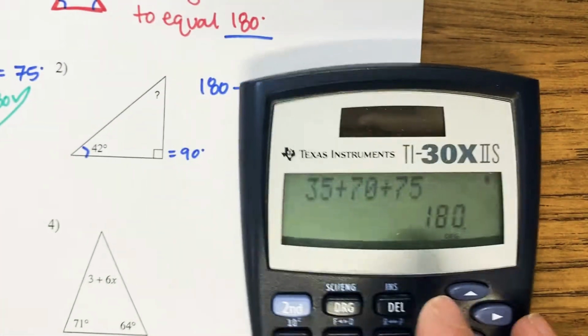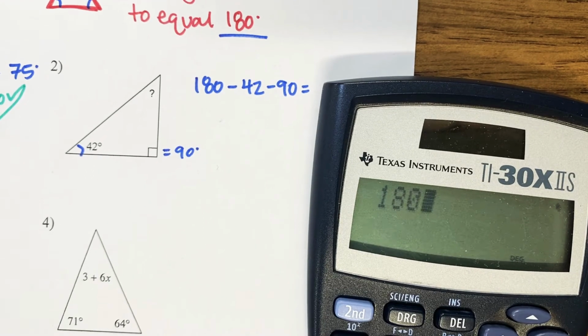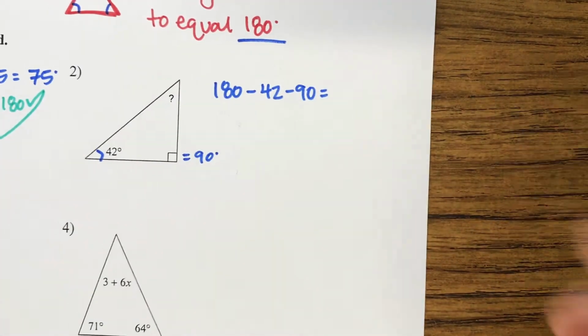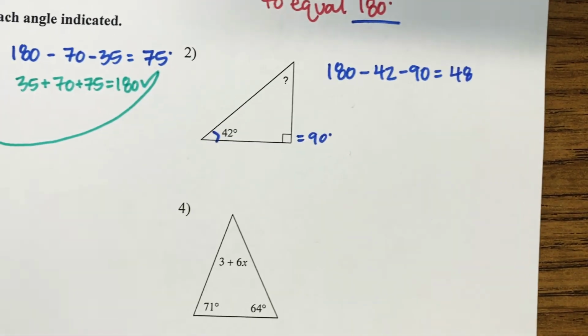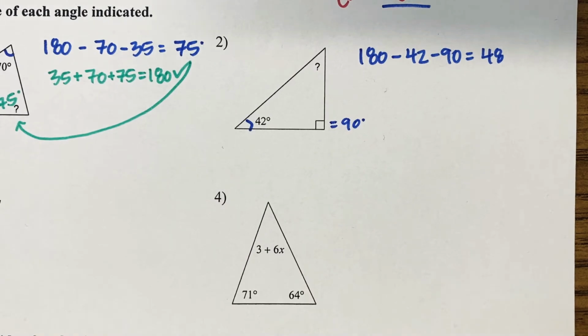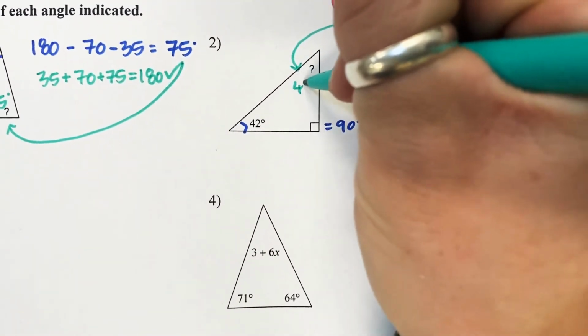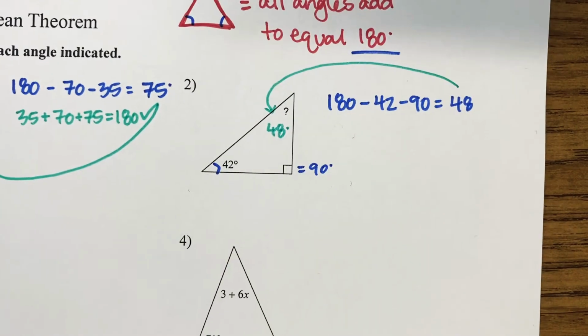We can just put this right into a calculator. 180 minus 42 minus 90 equals 48. Beautiful. So we know that the missing angle right here is 48 degrees. Let's double check our work just to be sure.